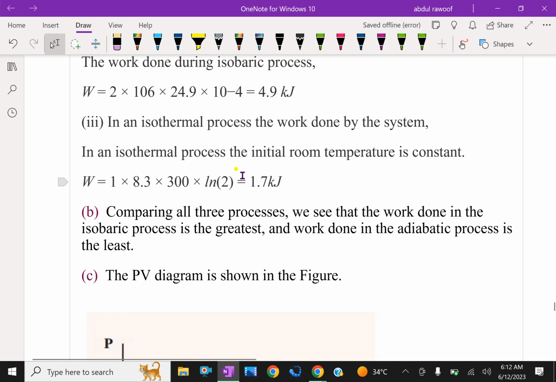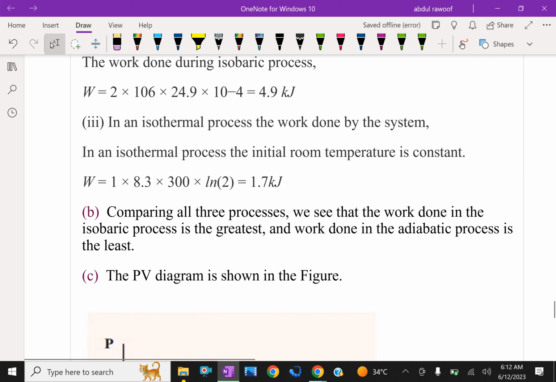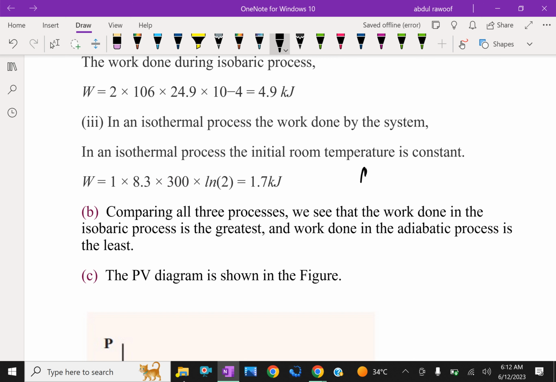In an isothermal process, the temperature is constant. Then W equals, we can use PV equals nRT.